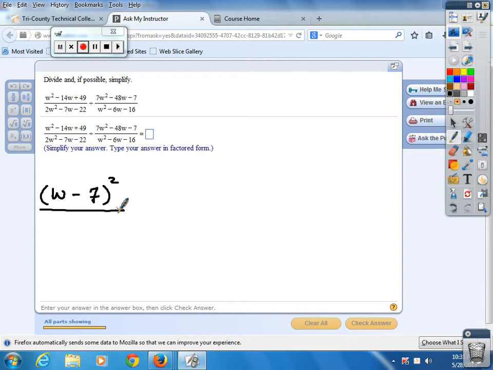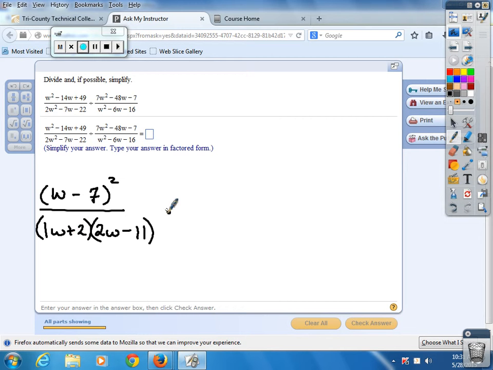This one, reverse what? FOIL. 1W, 2W, and I would say 2 and 11 probably. I have no idea. And a minus 11 and a positive 2. Y'all check me on that one.